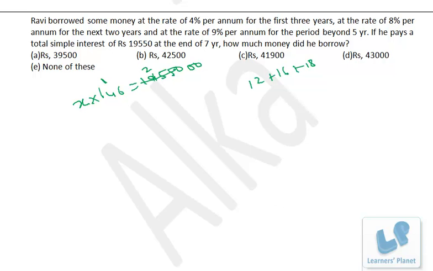So let's quickly check the options. 9 cancel, 5 and 3, 8 into 1, 8, incorrect. 5 and 4, 9 and 2, 11, that's 2, so this will be the correct choice. Let's verify that. 9, 4, 1, 5, incorrect. 4 and 3, 7, incorrect, right? So 42500 will be the correct choice.